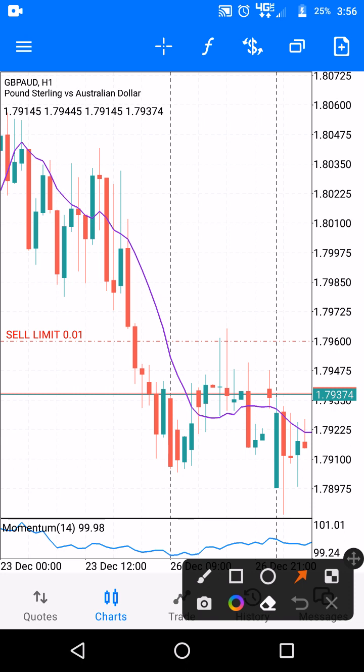In order for me to make profit, once it reaches the sell limit price, my prayer is for the market to drop. If the market drops, I'm making profit.